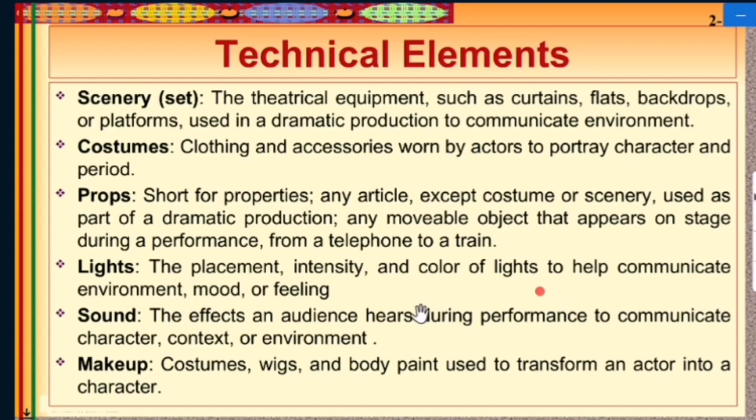Next one is sound, the effect an audience hears during performance to communicate character, context, or environment. And the last one is makeup, costumes, wigs, and body paints used to transform an actor into a character. So the technical elements are scenery, costume, props, lights, sound, and makeup.